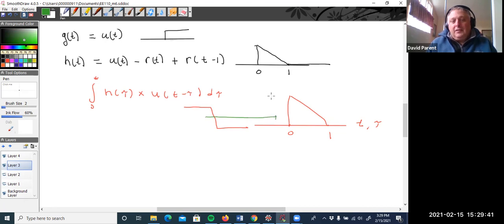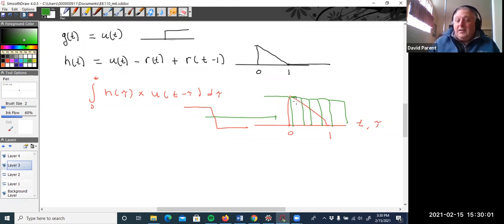And then eventually I start taking slices, right? Now notice when it starts to overlap, I have a constant times a linear, right? So a linear t should, there should be t raised to the power 2 in there somewhere, right?